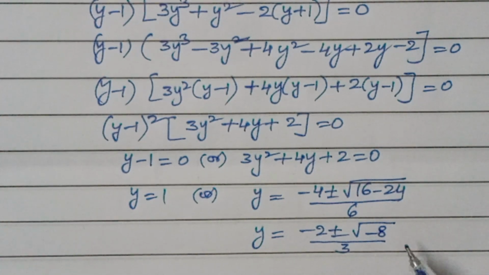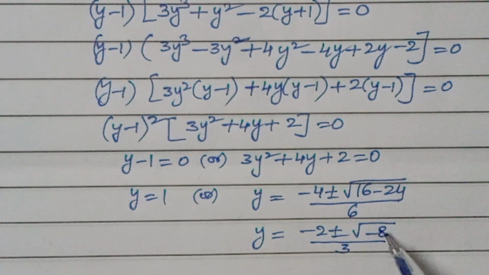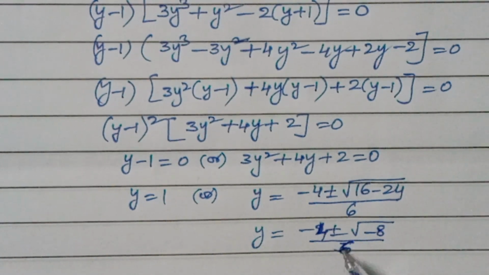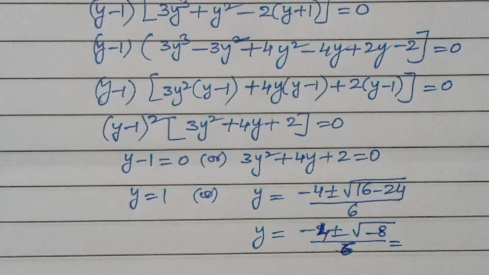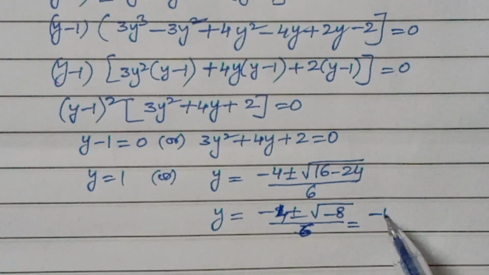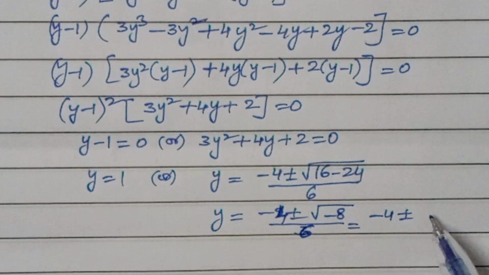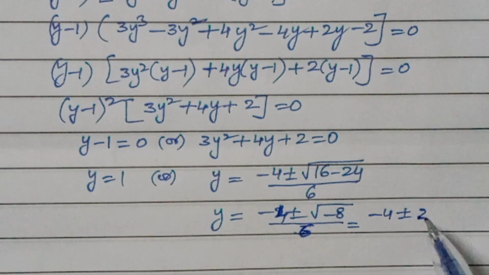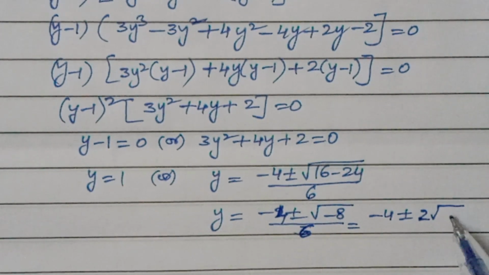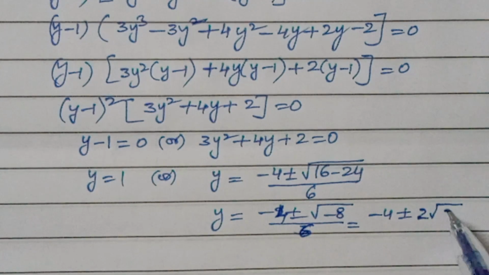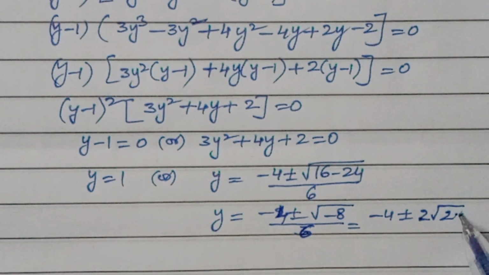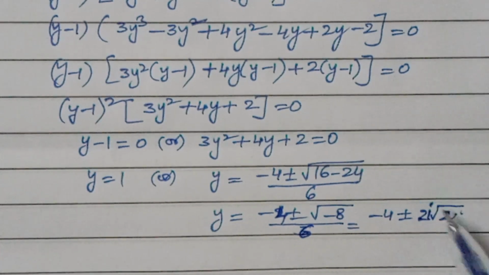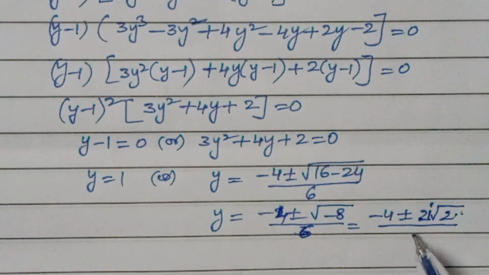Here we can write, sorry, here 4 only we'll take common. So this can be written as minus 4 plus or minus 2 root 2i by 6.